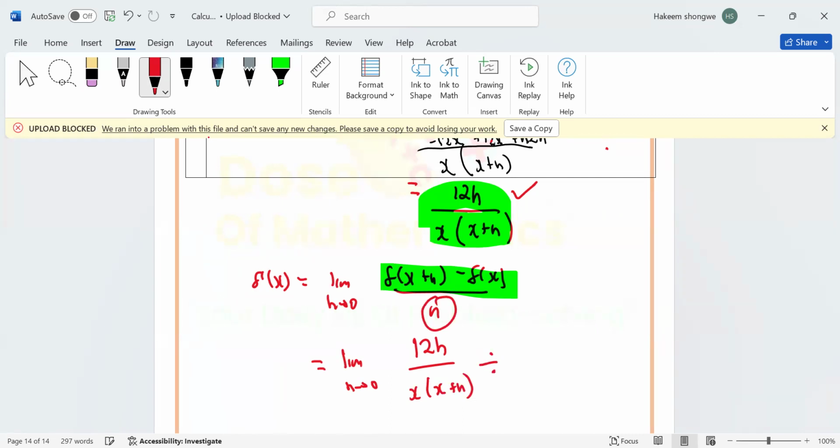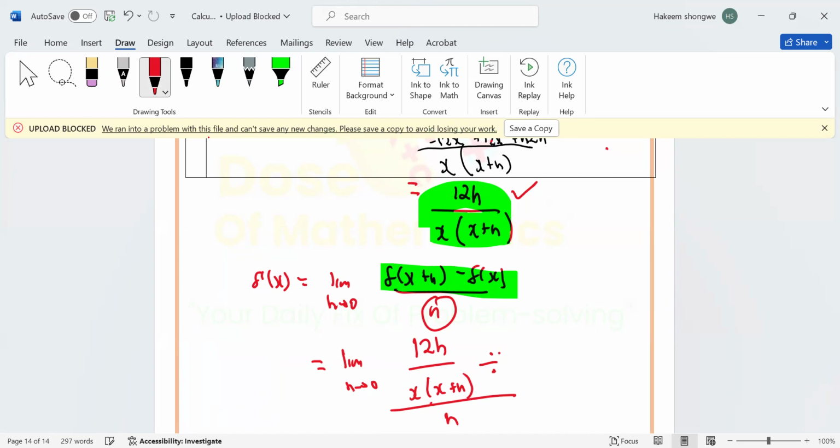I don't want it to say divide, so we can replace this division sign with this one.